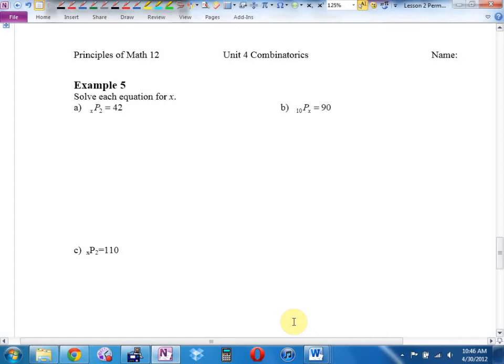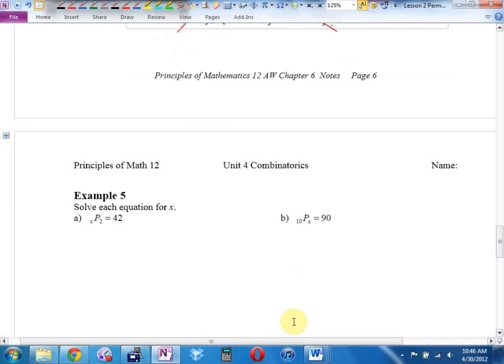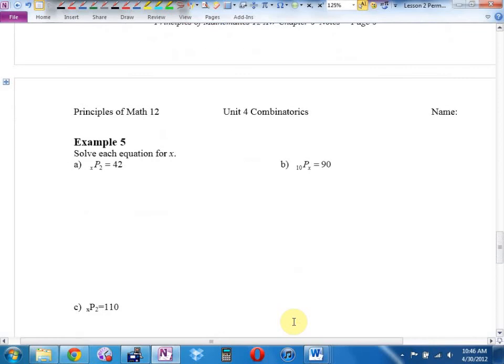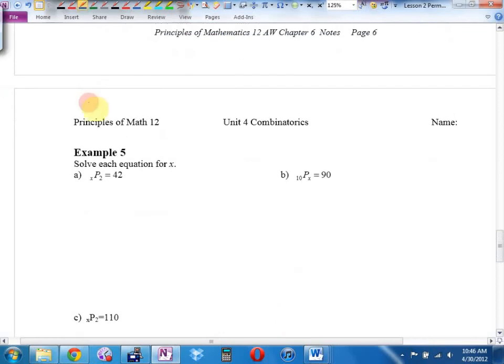Now, did you all just turn the page? This is at the top of a new page. Then at the top right here, can you write nPr equals n factorial all over n minus r factorial. This was the factorial equation, the factorial formula, permutation formula.